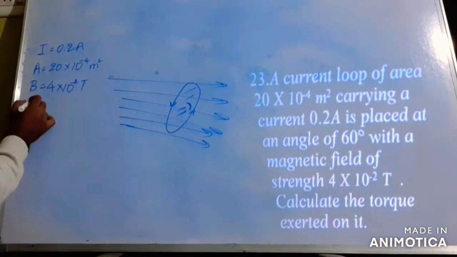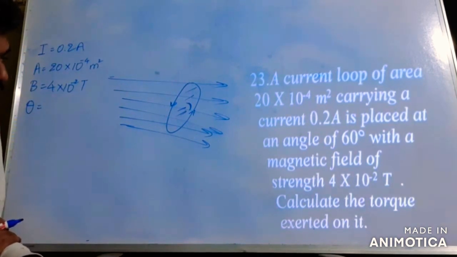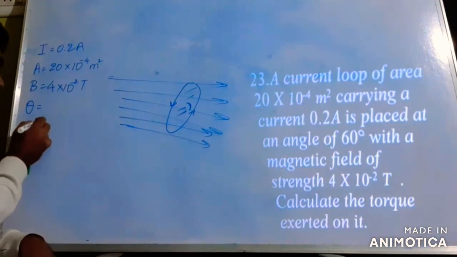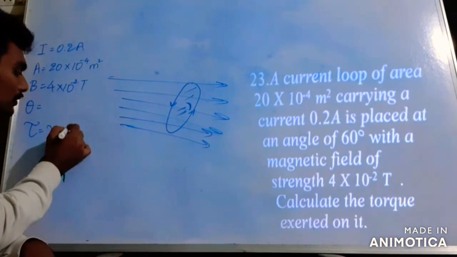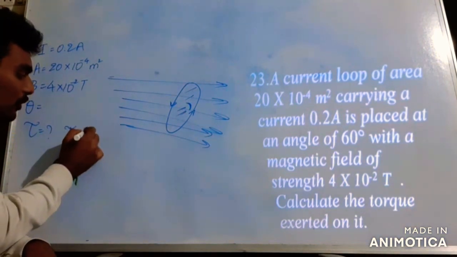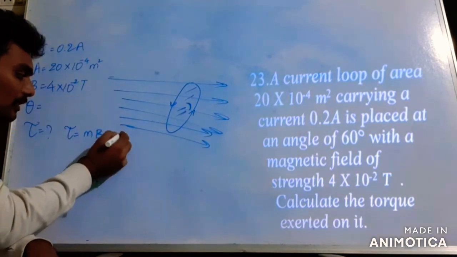And theta. Okay, what is theta actually? First, before that, what is asked to find? The total torque on the current loop is asked to find. Tau is equal to question mark. The formula says tau is equal to m cross B. Magnitude is mB sine theta, right?